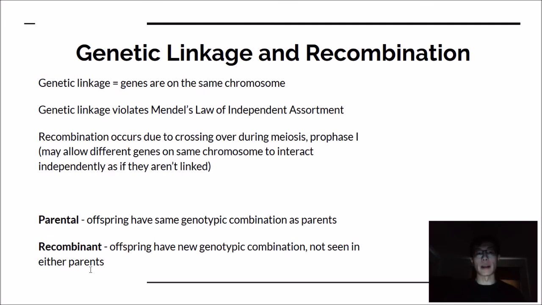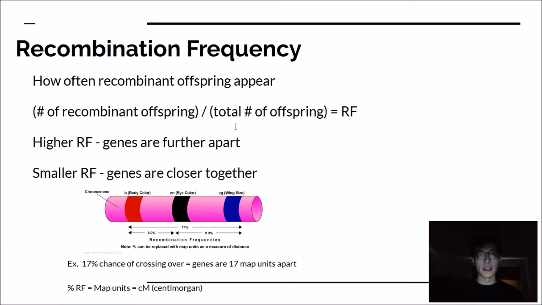But a recombinant offspring has new genetic combinations that were not seen in either of the parents. Recombination frequency asks how often the recombinant occurs in this particular offspring group.